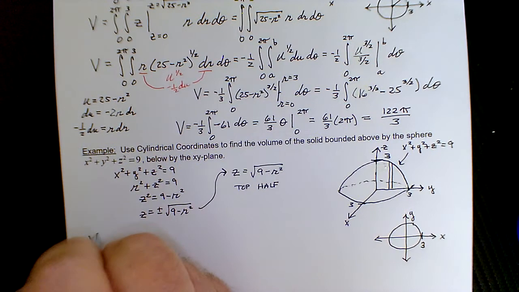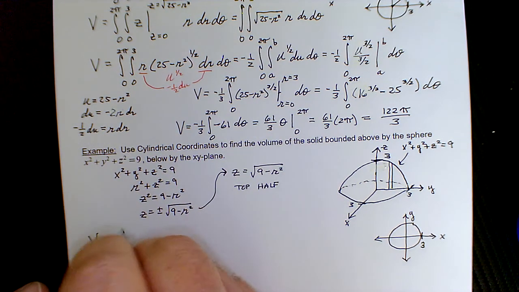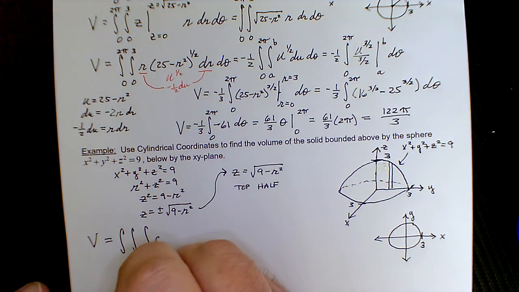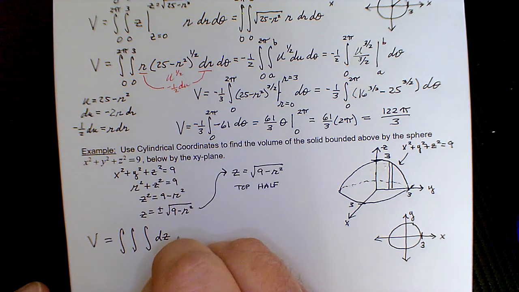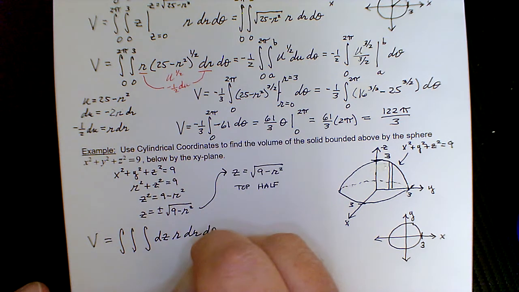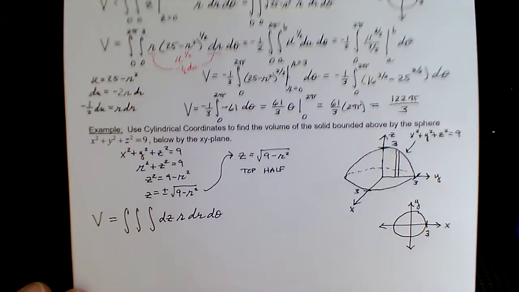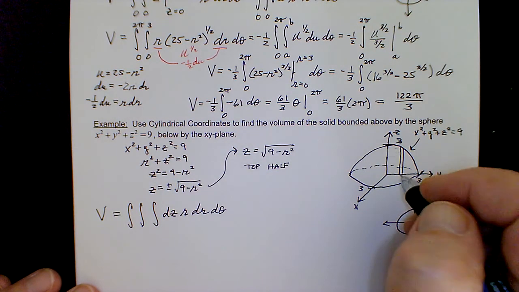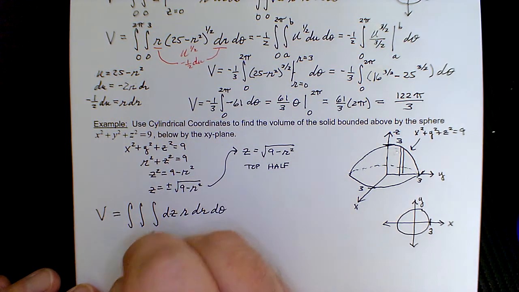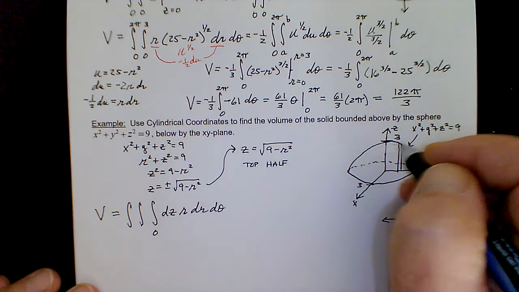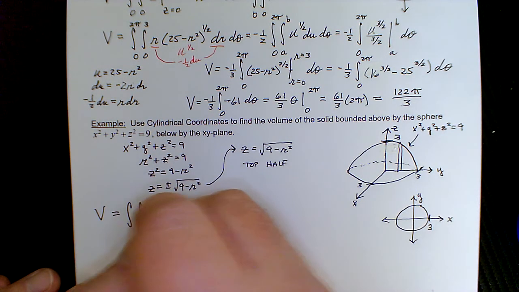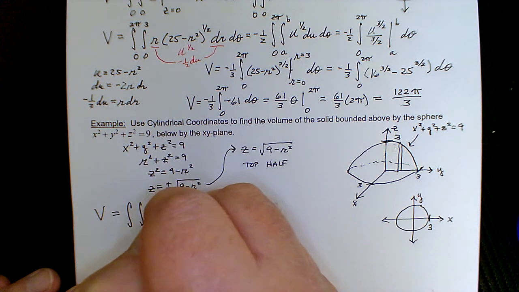Okay, so then our volume, triple integral dz r dr d theta, so our standard volume formula in cylindrical coordinates. Okay, z is ranging from 0, the xy plane, to the top half of the sphere, the square root of 9 minus r squared.